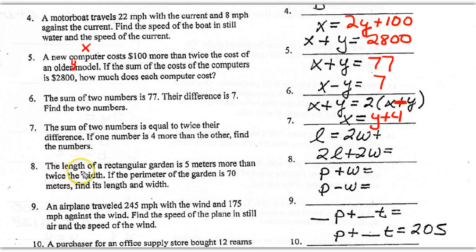All right, number 8. The length of a rectangular garden is 5 meters more than twice the width. For something like this, often a picture is perhaps useful. The length of a garden is 5 meters more than twice the width.